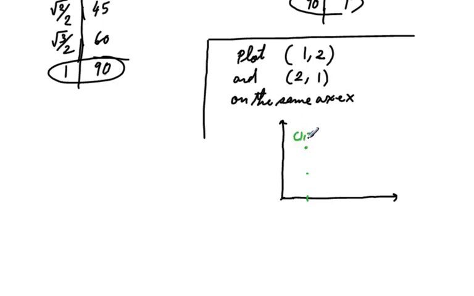So 1 and 2. And then, say, 2 and 1. Let's take another pair. Again, some reasonable numbers. Such as, say, 1 and 3 versus 3 and 1.